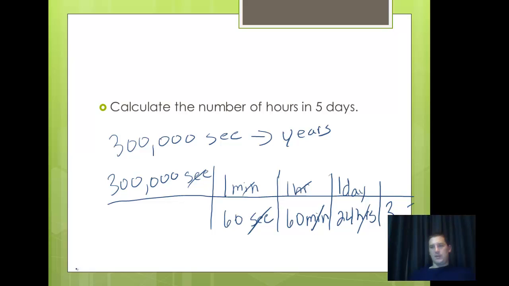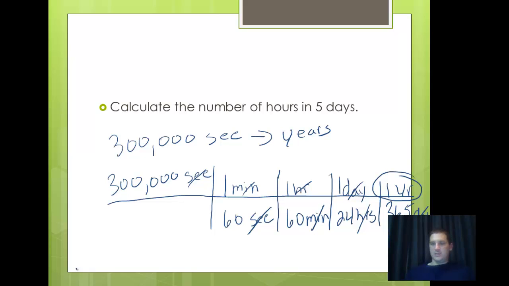So we're left with our answer. Answer should always be in the top box if you did it correctly. So now we have 300,000 divided by 60 times 60 times 24 times 365. I highly suggest you multiply your 60 times 60 times 24 times 365 first. Okay, so if you multiply those first, you get this number.